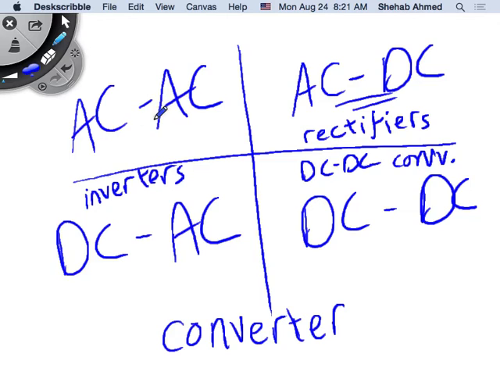AC to AC converters have different names depending on the different families they come from. Some of them are called cycloconverters. Some of them are called matrix converters.